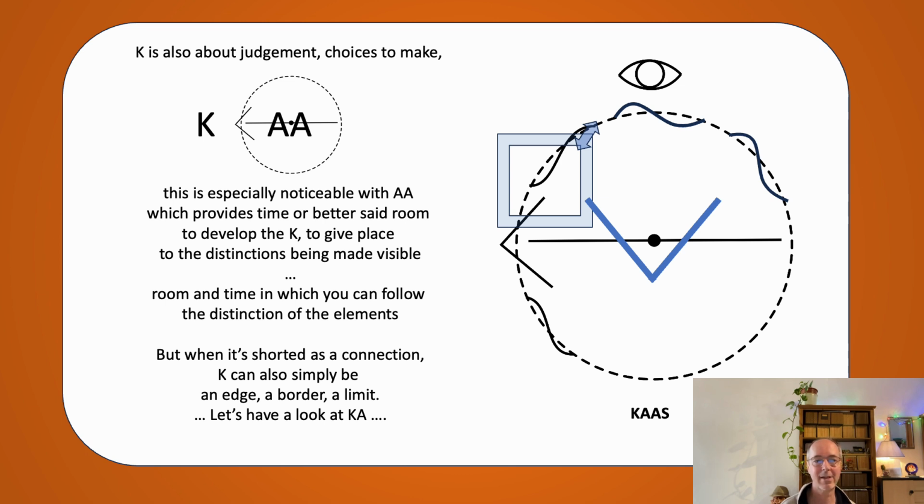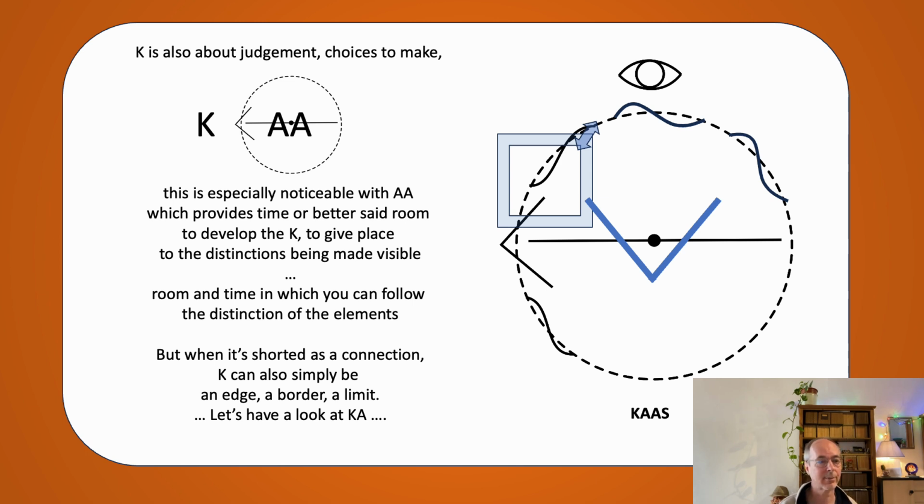So with this double A and the K combined, it is of course clear that K is a distinction, the question, but thanks to the double A, we also have some time to wait before we immediately have an answer. Thanks to this S and the A combined, it gives you the time to give this attention. It's time to develop before it's breaking apart in elements and have some results at the end.